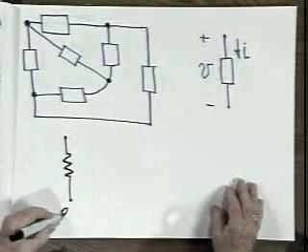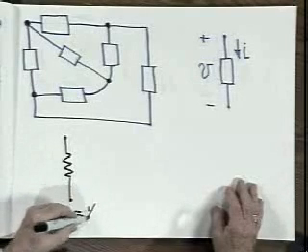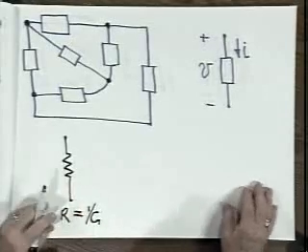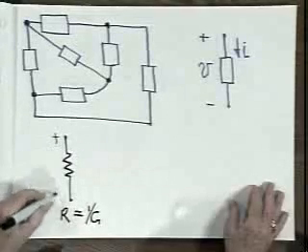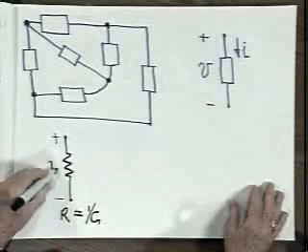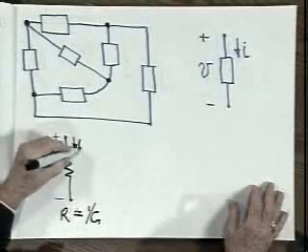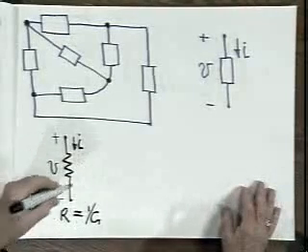designated by R, or equivalently by the reciprocal of the resistance, which is denoted by the symbol G, and which is called conductance. Now, if we define the voltage and the associated current for the resistor, these have a relationship which is described by Ohm's law.